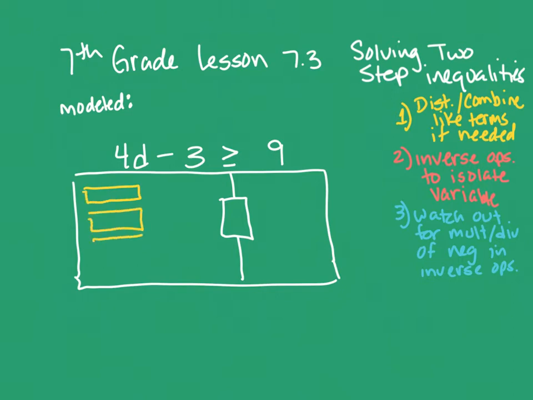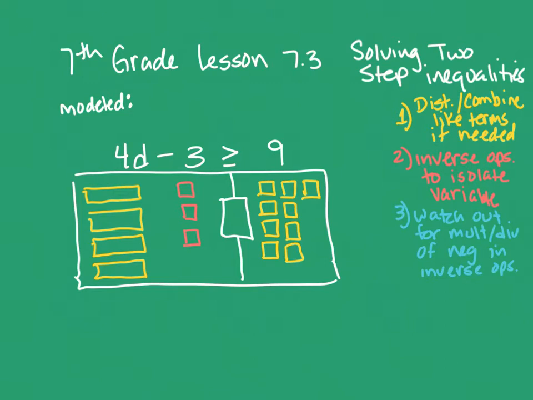These are 4 positive variables, the long bars. Then I have 3 negatives. And on the other side of the inequality, I have 9 positives. All right, there they are.